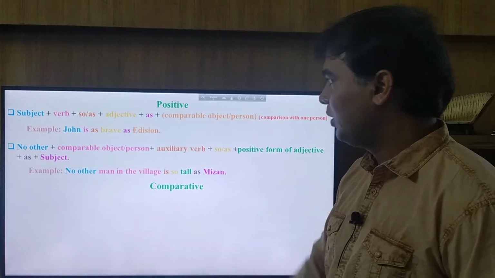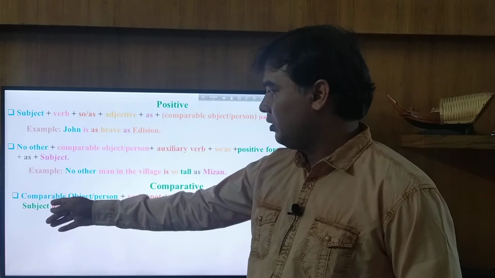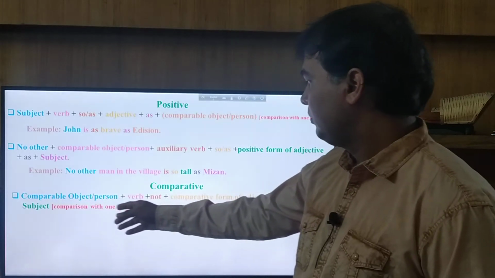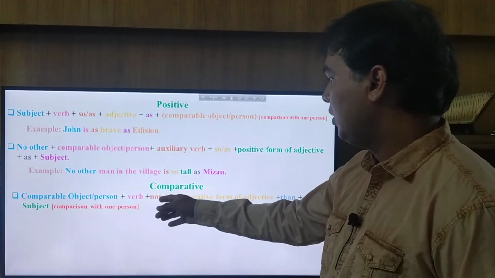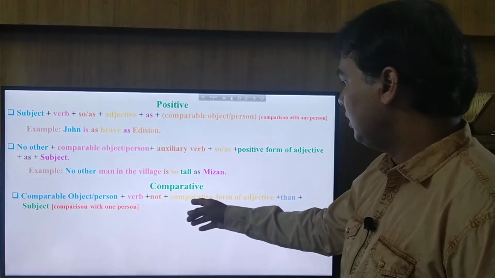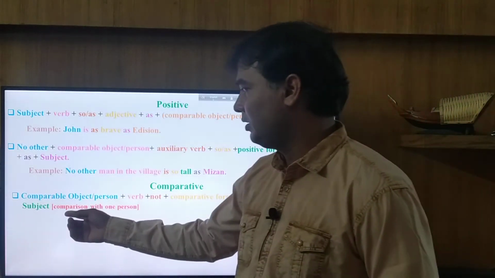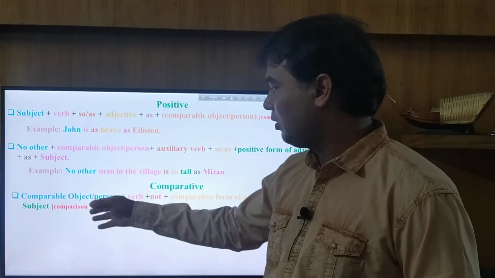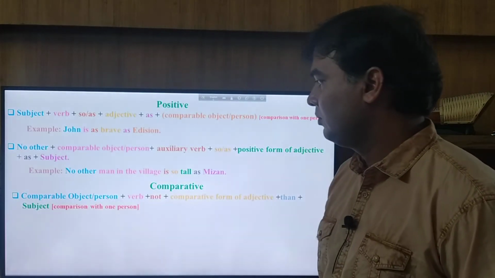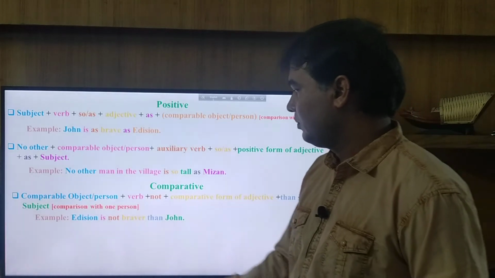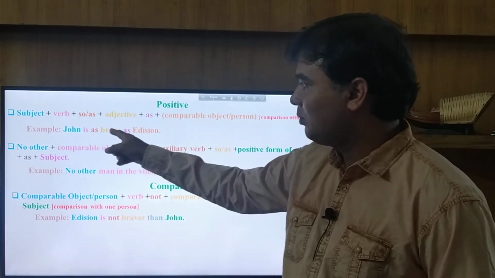Now comparative degree. You see the basic structure: comparable object or person, then verb, then "not", then comparative form of an adjective, then "than", and then subject. This rule is applicable if the comparison is with one person. For example, John is as brave as Edison.